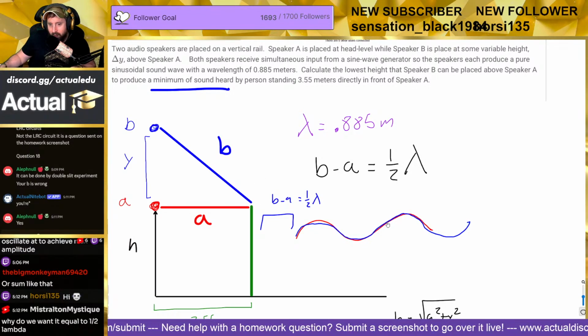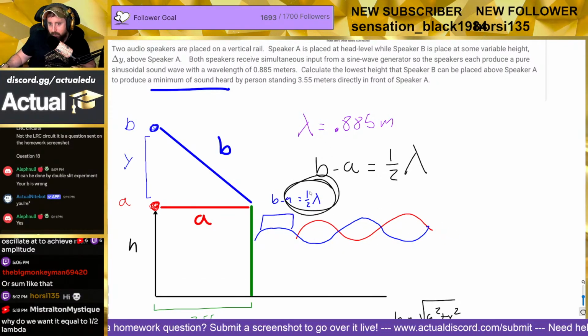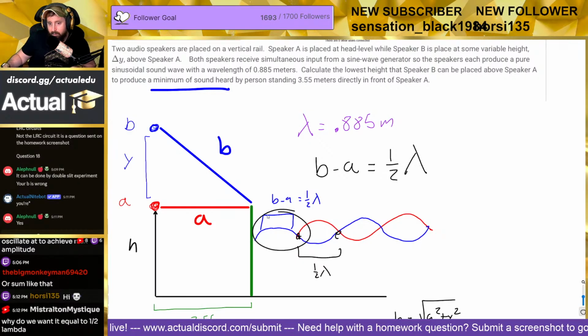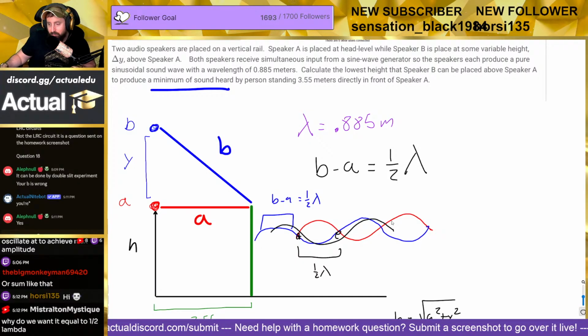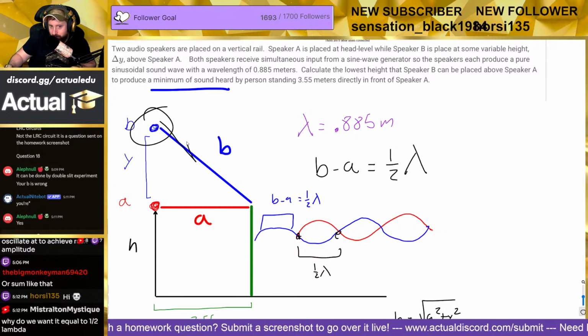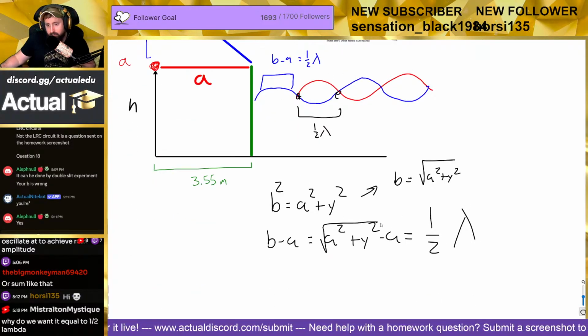If, however, I make B travel half a wavelength further, because from here to here is half a wavelength, then B got a late start. B has to travel from further away. Wherever these meet, B will always be completely out of phase with A. And that creates a minimum. That's destructive interference.